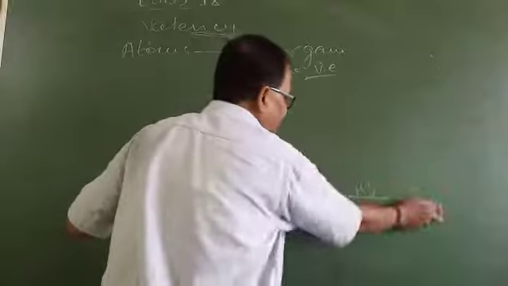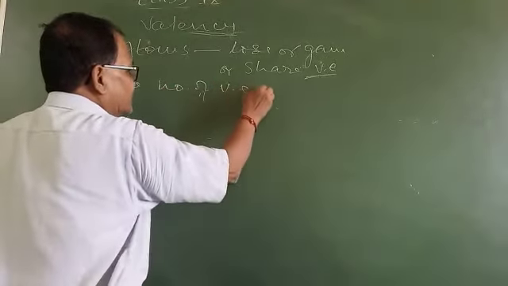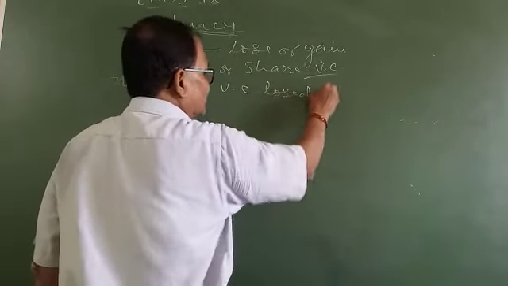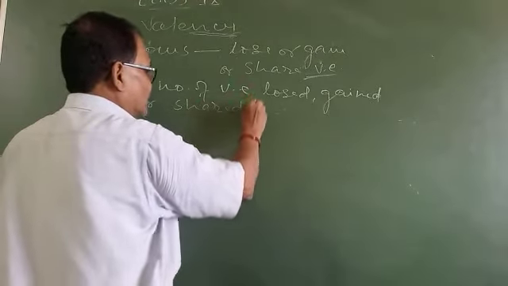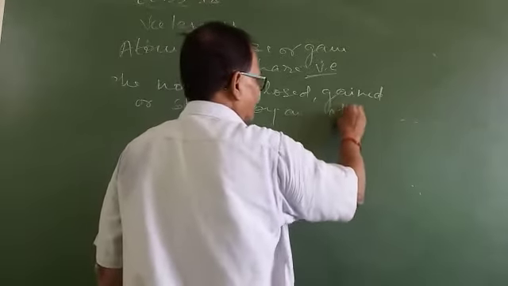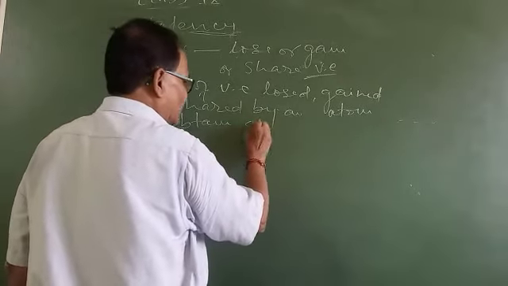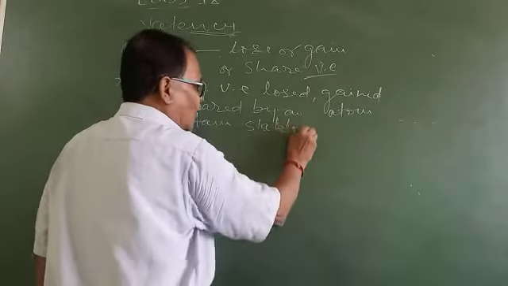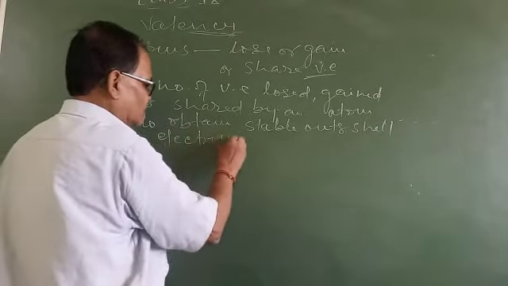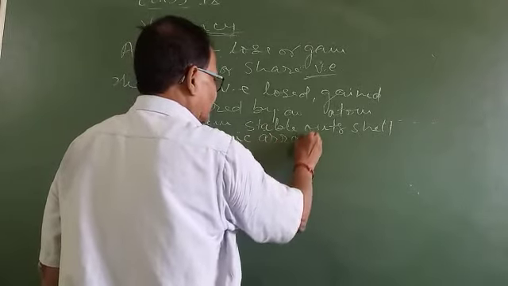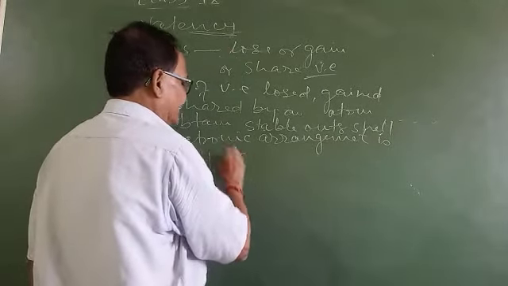So now valency can be defined as the number of valence electrons lost, gained or shared by an atom to obtain a stable outer shell electronic arrangement is called its valency.